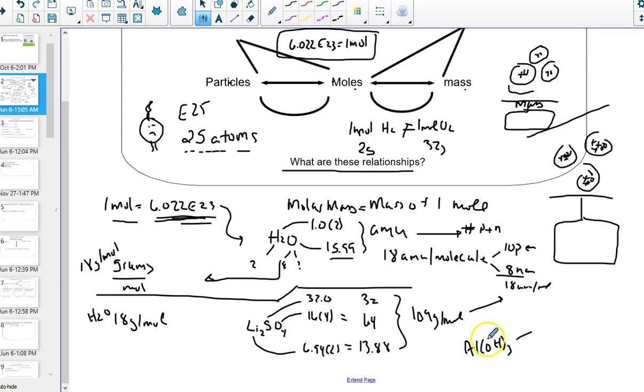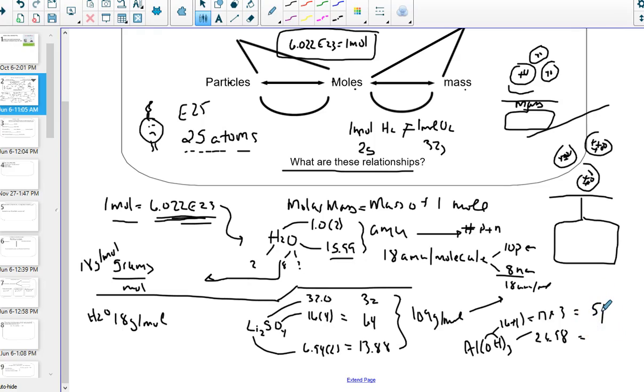So now, for this guy, I could add this up, which would be 16 plus 1 is 17, and then multiply it times 3, and then add in the aluminum, which is 26.98. And what do we get here? We got 17 times 3 is 51.